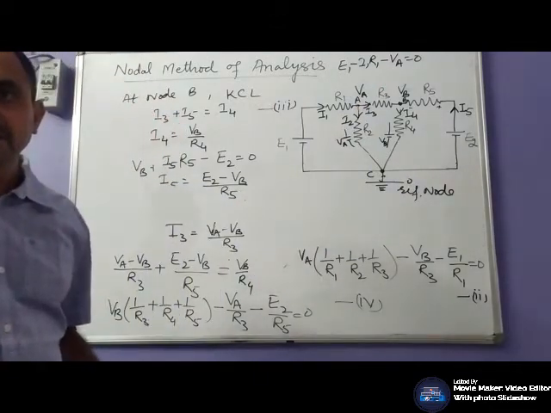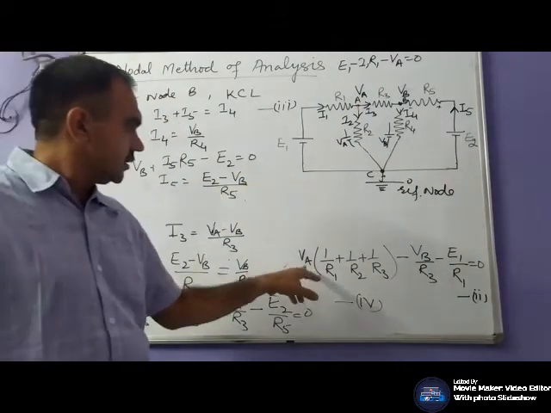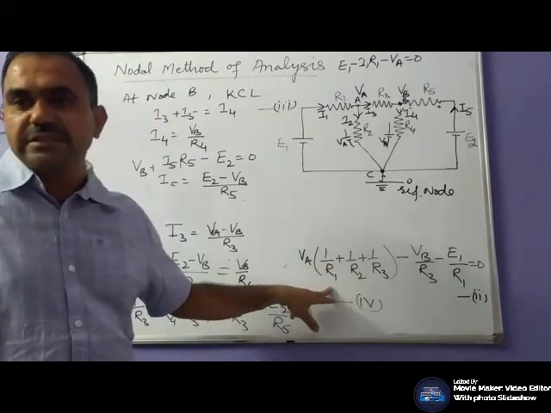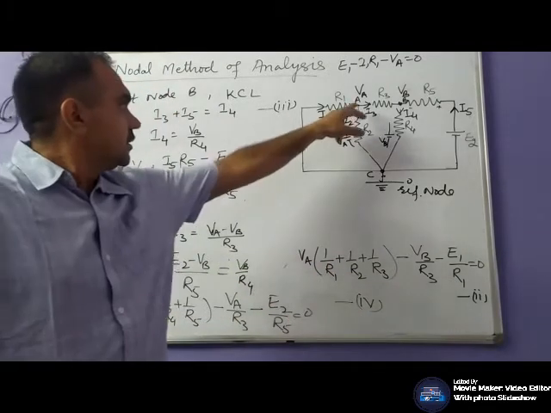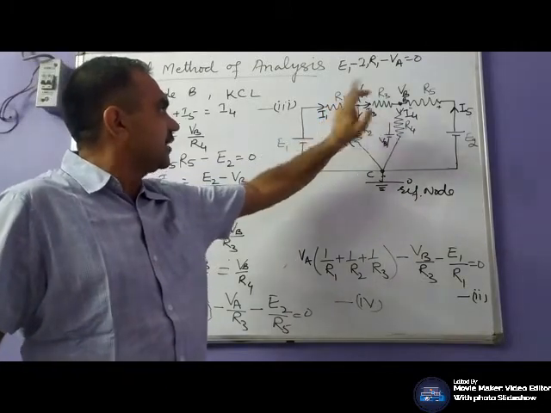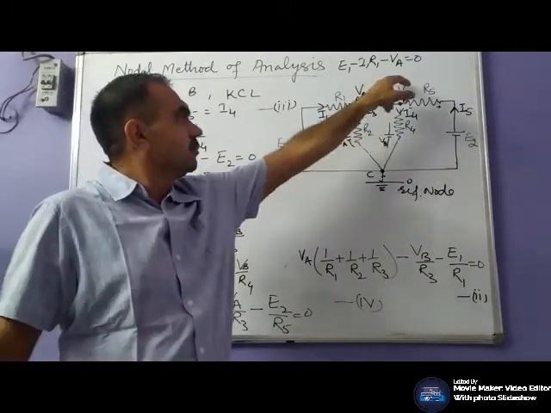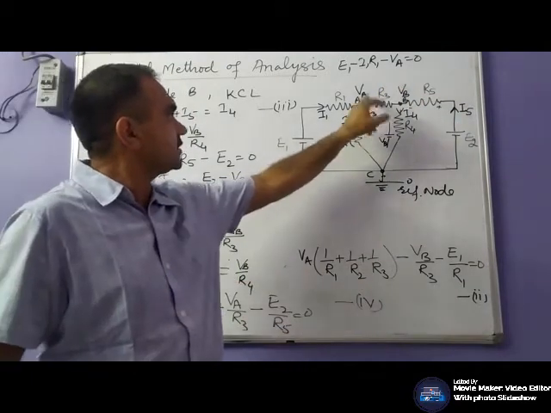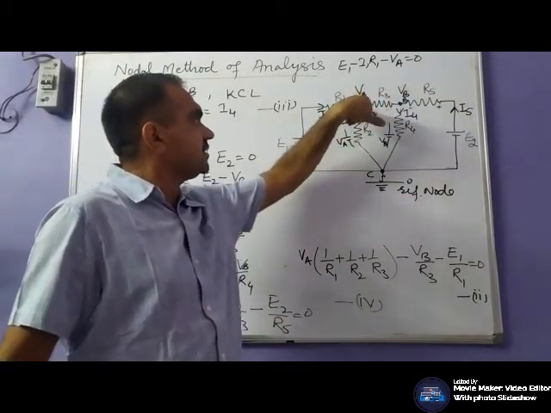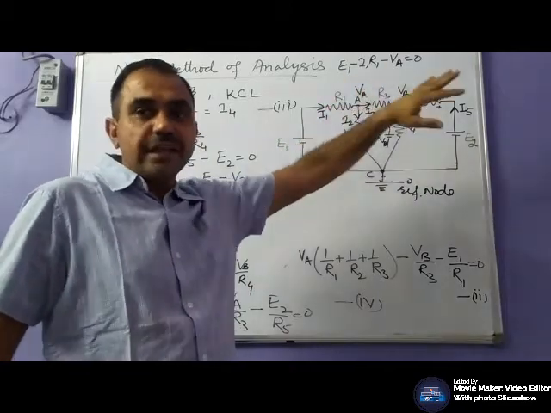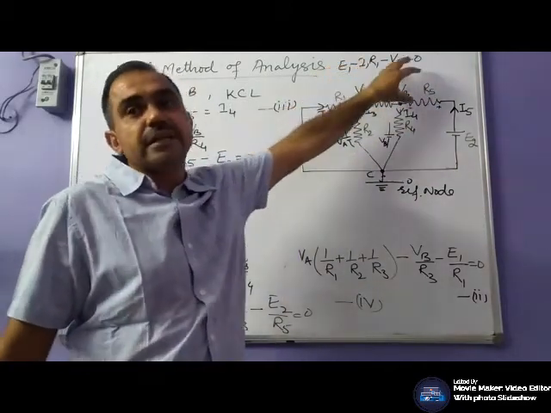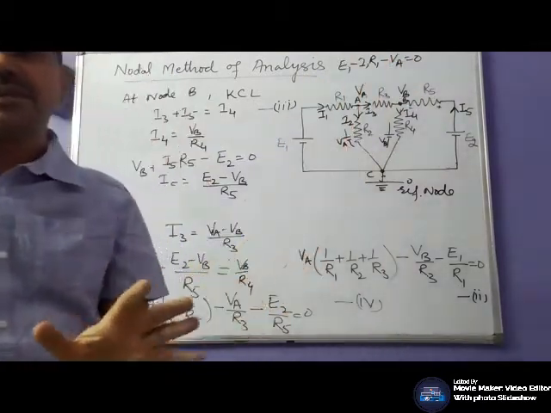We simply write VA into the reciprocal of the sum of the reciprocals of the resistances: VA into 1 by R1, 1 by R2 plus 1 by R3. Next, as we have considered this node as dominating, the other node is to be considered with lower potential.